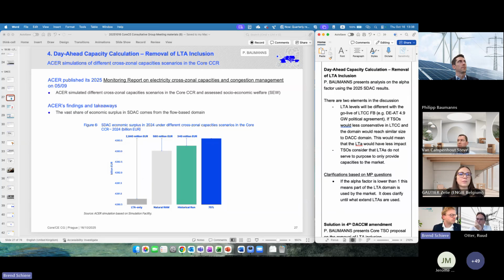And that's where we need to come back to what's the right counterfactual, because all of the simulations that we have been showing in the morning are based on the assumption that operational security will not be assessed during the long-term capacity calculation. So it actually means doing the LTCC not with the amendment put forward.